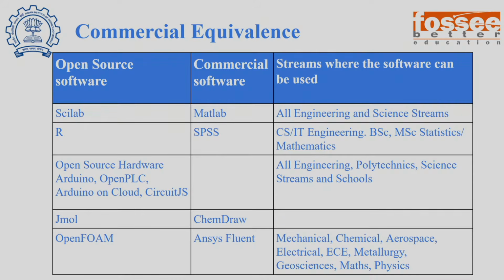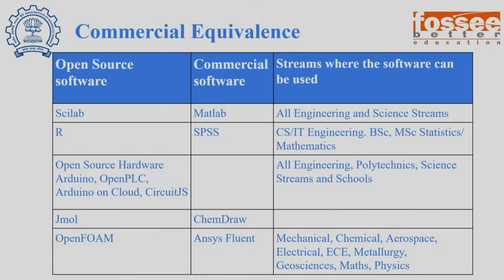But in some cases, for example OpenFOAM, in some respects, it's better than ANSYS Fluent, because for researchers who use research and customization, OpenFOAM is much better, because the source code of OpenFOAM is free, and that is why for the creation and modification of solvers and models, OpenFOAM is much more effective as compared to ANSYS Fluent, because ANSYS Fluent is considered as a black box, just drag and drop things.